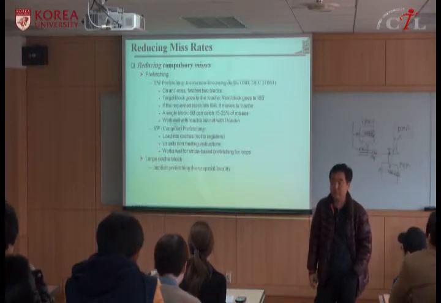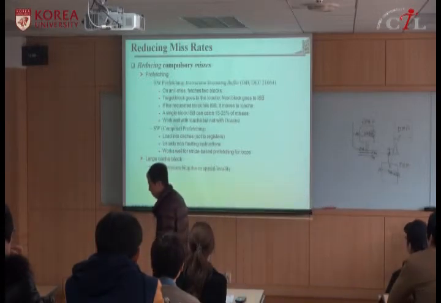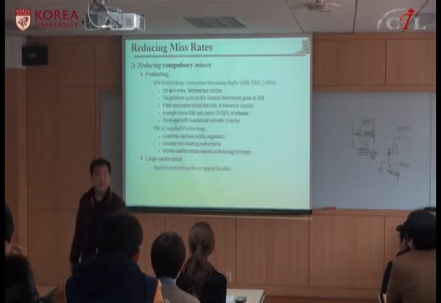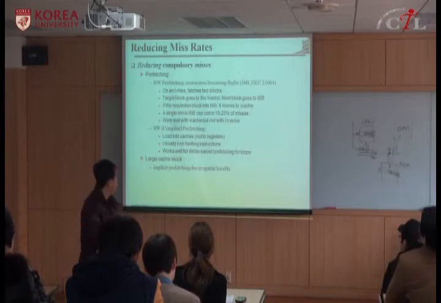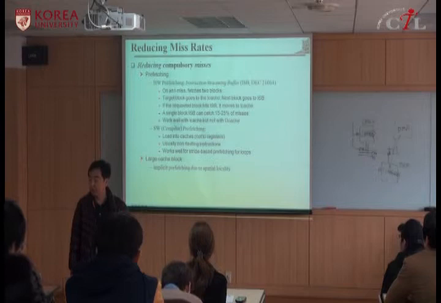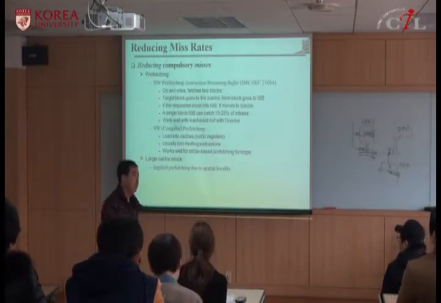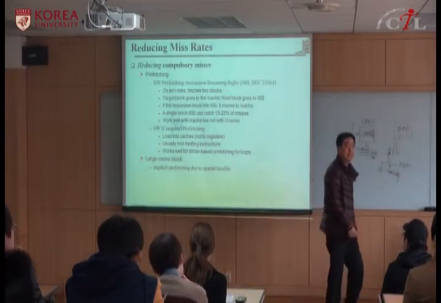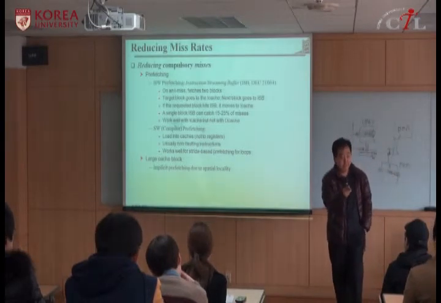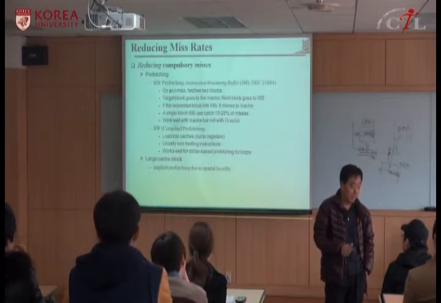That's prefetching, right? Okay. And the most popular solution for instruction fetch is called instruction streaming buffer. This is used for the DEC 21064 and also i10 processors, and also the i7 processor, they all use this instruction streaming buffer. The idea is quite simple. On a cache miss, you usually bring a single memory block into your cache.